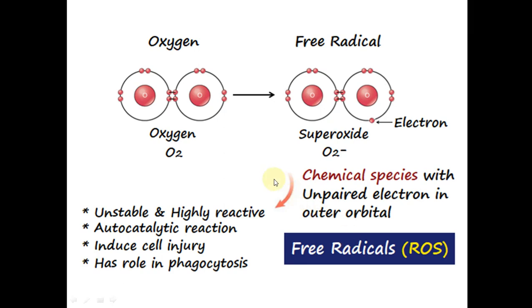Now in this example we can see that when oxygen gets an unpaired electron in its outer orbital, it is converted into a free radical known as the superoxide. So by definition, free radicals are chemical species with an unpaired electron in the outer orbital.